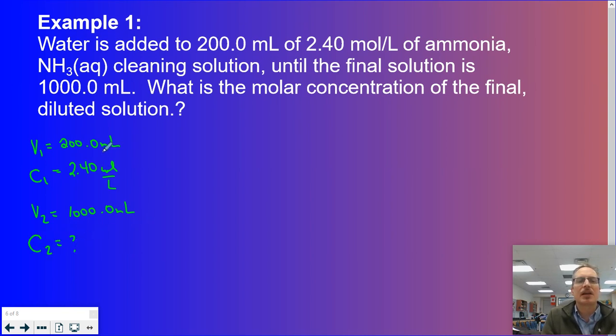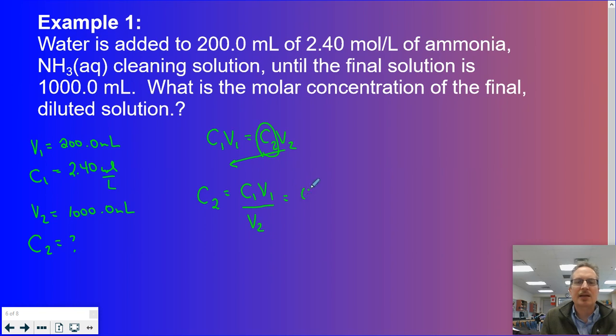So again, I look here, milliliters, milliliters. I like that, moles per liter, which means my answer is going to be in moles per liter. My new memorized formula is C1V1 equals C2V2. We're going to solve for C2, so we're going to move V2 to the bottom. To find the final concentration, we're going to take the initial concentration times the initial volume, divide by the final volume.